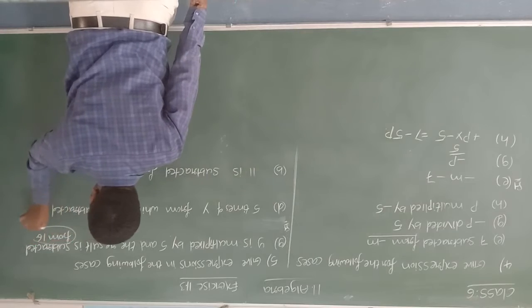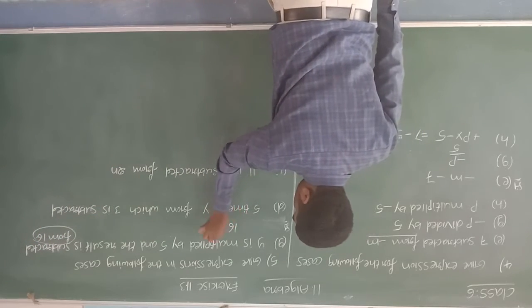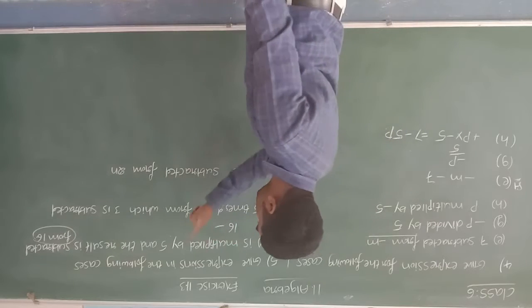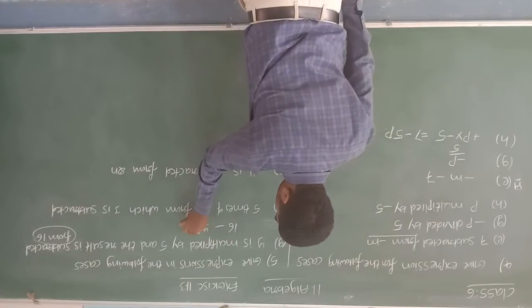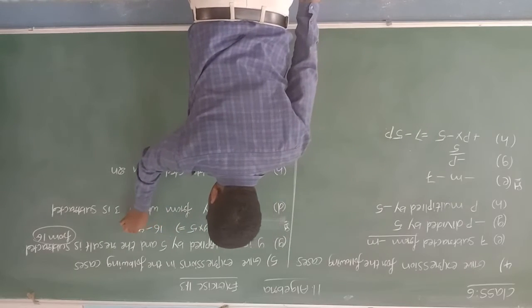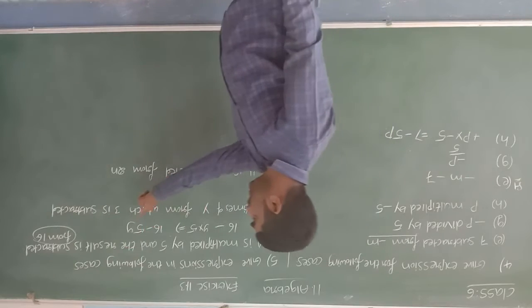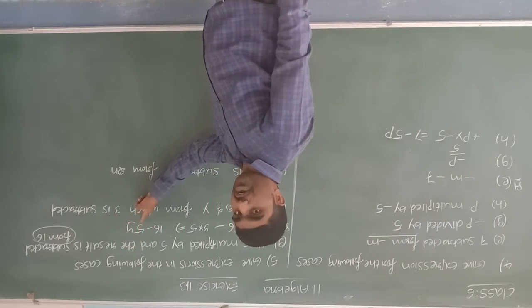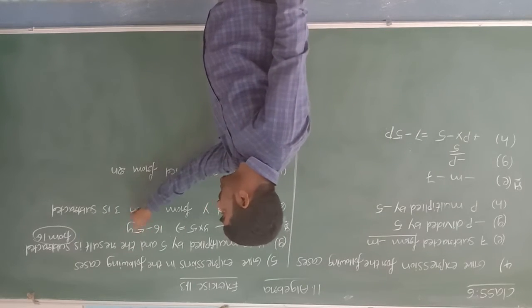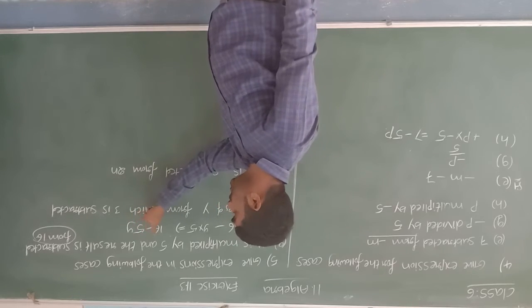So from 16 what can we subtract? This result. What is the result? y into 5, or 5y. We can write 16 minus 5y. Y is multiplied by 5, and the result, 5y, is subtracted from 16.